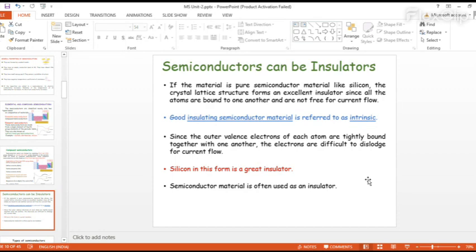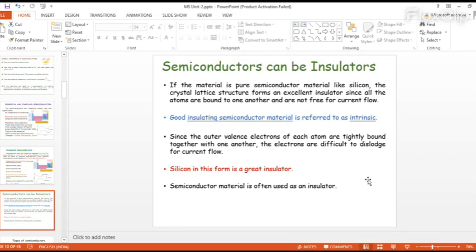Why are we calling these intrinsic semiconductors? Due to the involvement of their own electrons in the conducting process, it is called an intrinsic semiconductor.